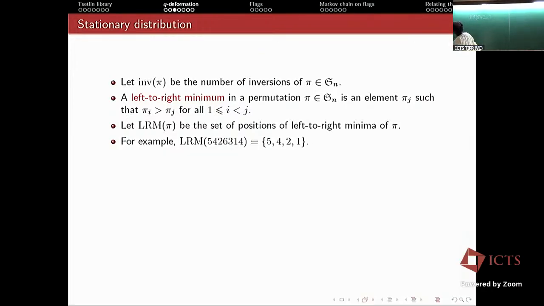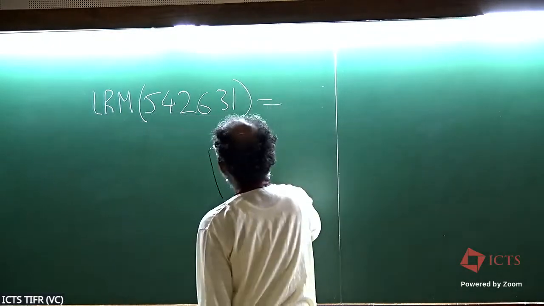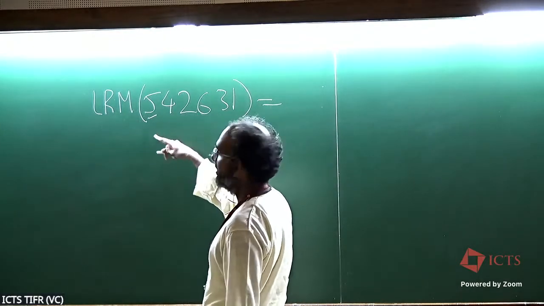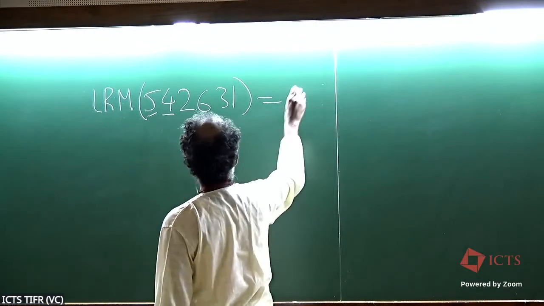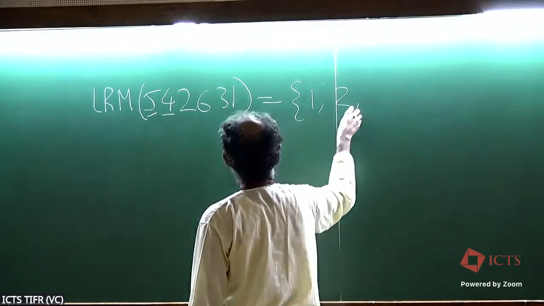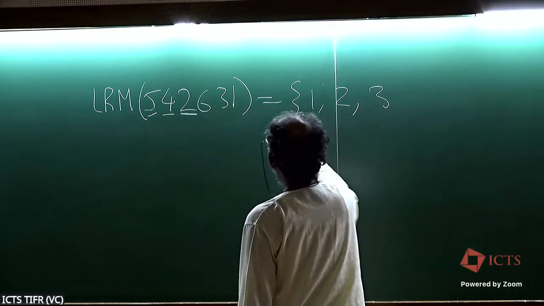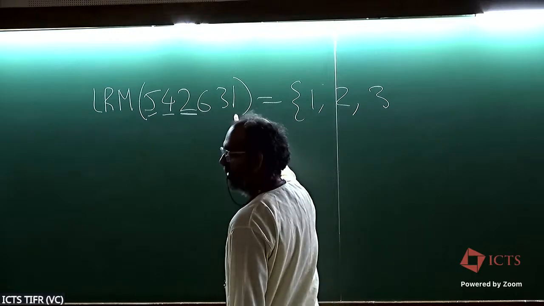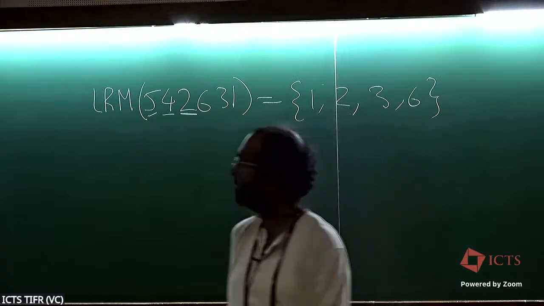This has two 4s, it should not. Okay, let's just take this. The first entry is always a left to right minimum. The second one is smaller than the first, so it is as well. So I have 1, 2. Then the third one is as well. And this is not, but 1 is. So ignore that line.